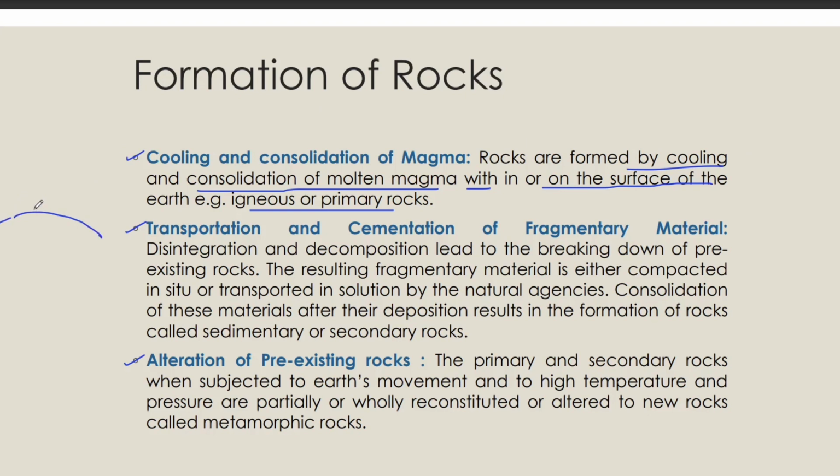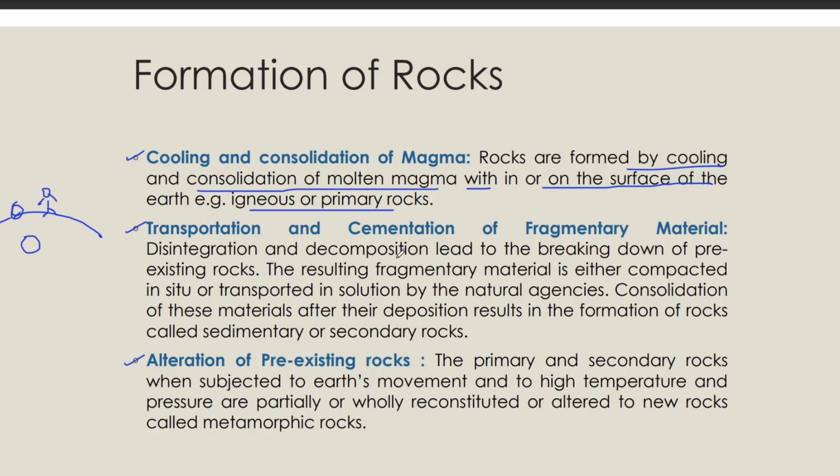If this is our earth's upper surface, then we live on this area. Here we live. This is a stick man, I guess. So the rock may be present on the upper surface, or in the lower region of the earth crust. Those are the types of igneous rocks.